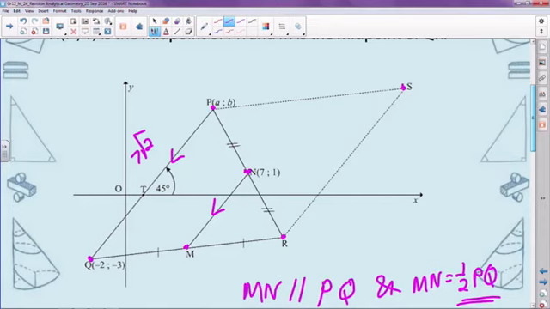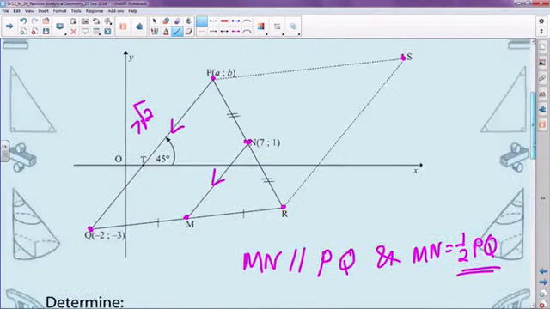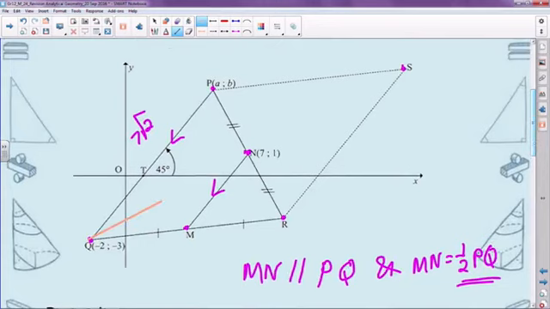Given that it's in that order is important, because if I then extend a line from the point Q to the point S, given that PQRS is a parallelogram, we will have that the midpoint of the lines PR and QS would be at the point N, because remember what we know about the diagonals of a parallelogram is that they bisect each other.